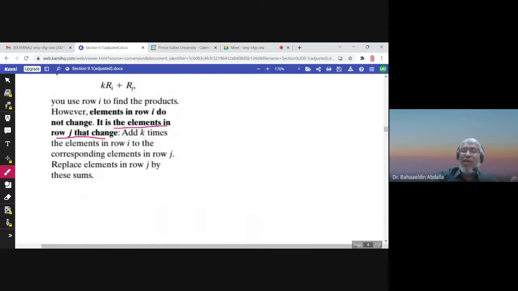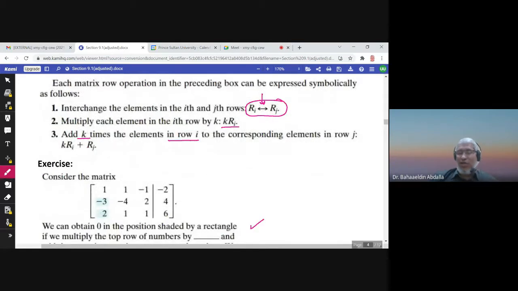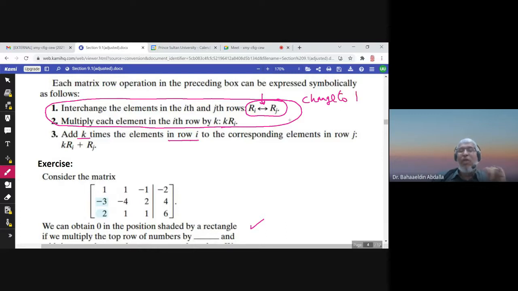How many operations do I have? I have 3 operations. Pay attention. The first 2 operations are used to change numbers to 1. Please do not use them to change to zeros.